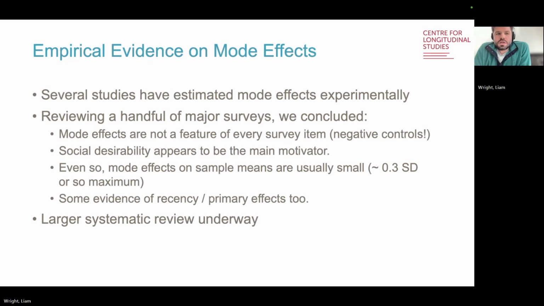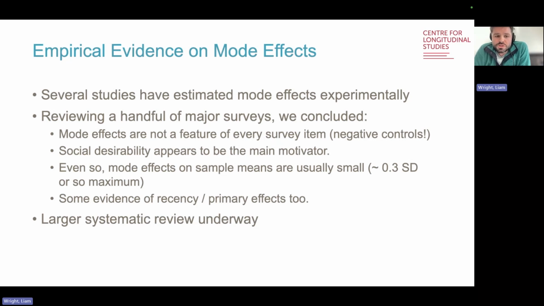Now, as I mentioned, it's worth having this empirical evidence because it's unclear how to predict a priori what a mode effect might be. It's also the case that the size of bias is related to how strong mode effects are and also how strong mode selection is. So in the guidance, we review papers from a handful of major surveys that have looked at mode effects experimentally.